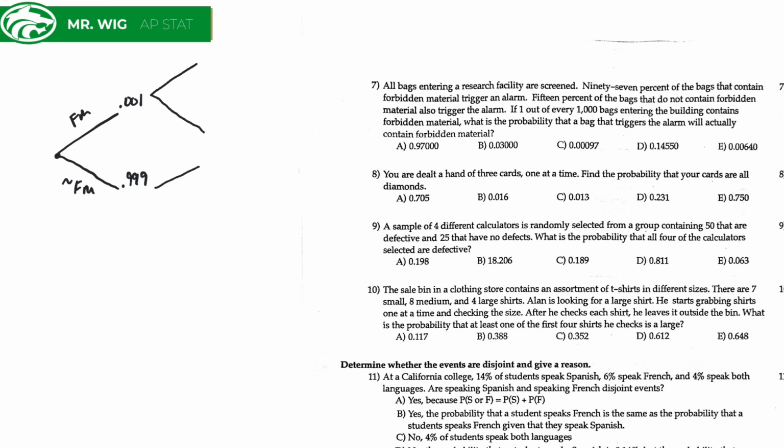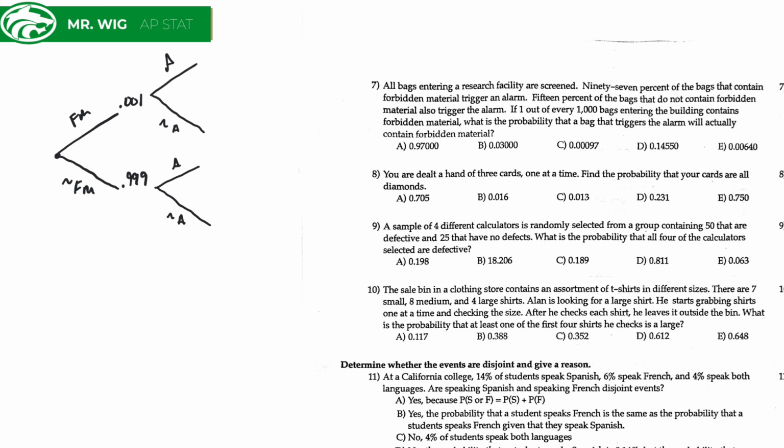And so if we keep going, what happens next? It either sets off the alarm or not. Alarm or no alarm. What probability do I have now? If it has forbidden material in it, what's the chance the alarm is going to go off? Notice how we said that. I have to take a path. If I choose the forbidden material path, then what's the chance the alarm goes off? This is always if-then kind of situations because it's conditional.